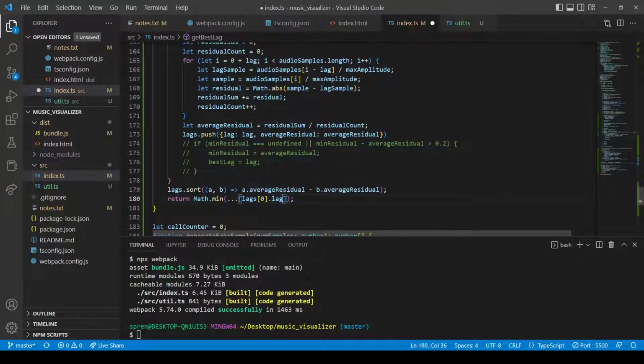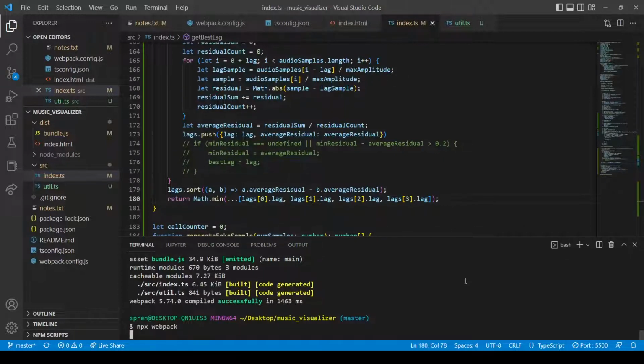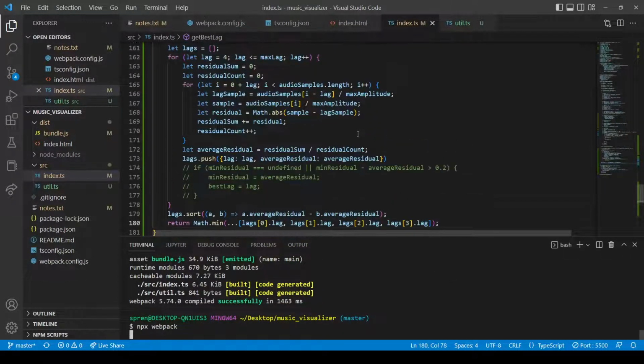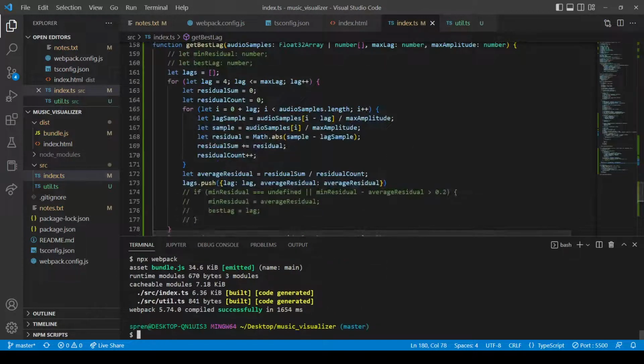And then it's happy. This feels so janky, but it might actually be really good.